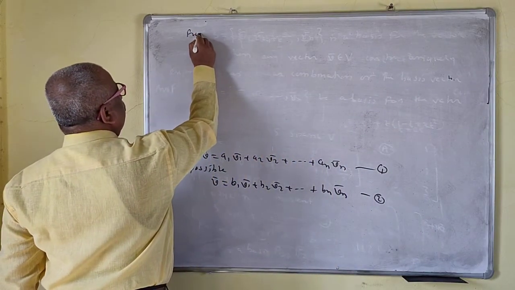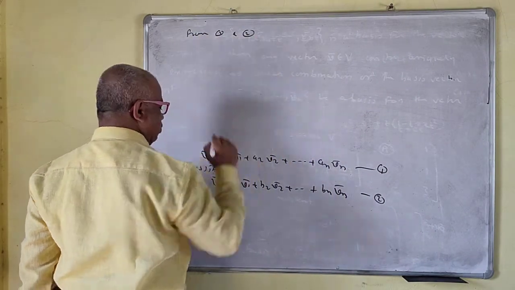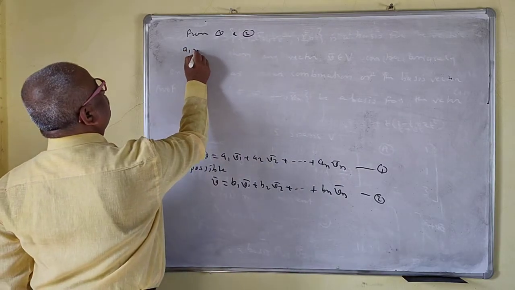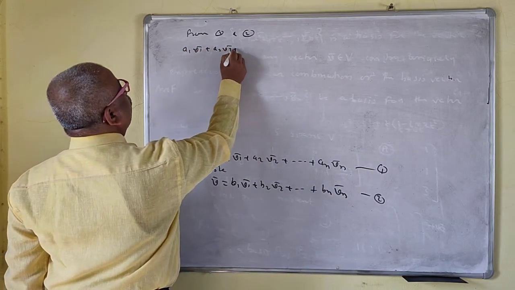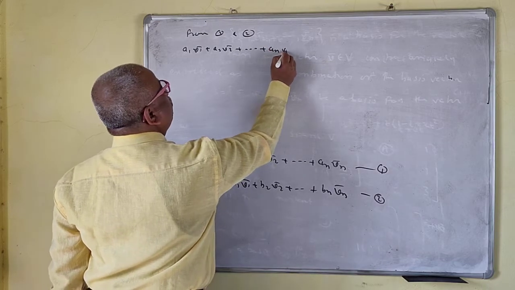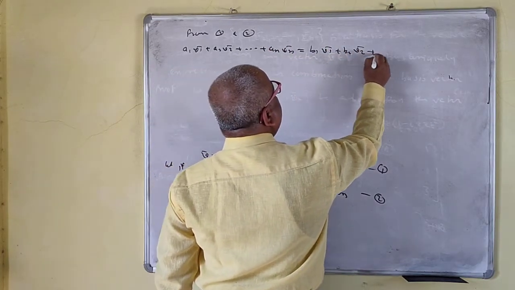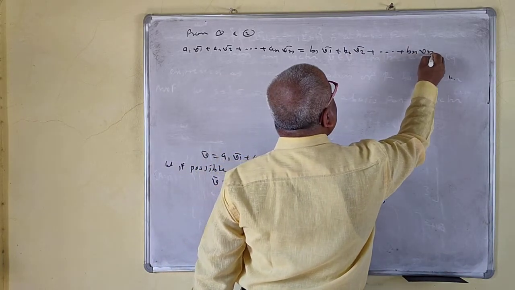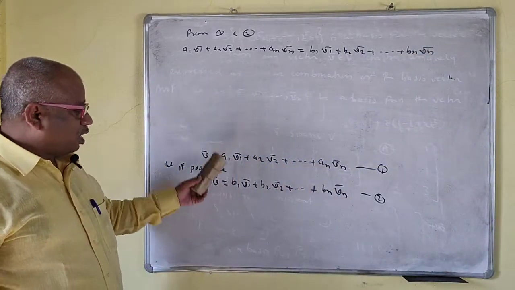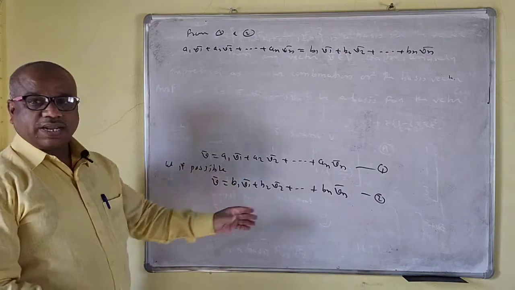From 1 and 2, A1 V1 bar plus A2 V2 bar plus ... plus An Vn bar is the same as B1 V1 bar plus B2 V2 bar plus ... plus Bn Vn bar, because both are V bar. So these two are equal.